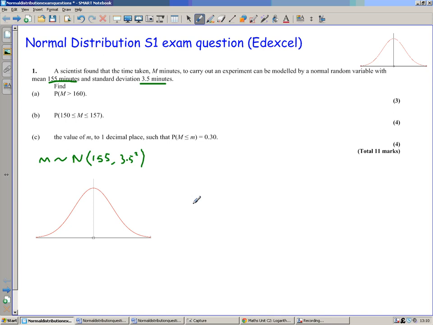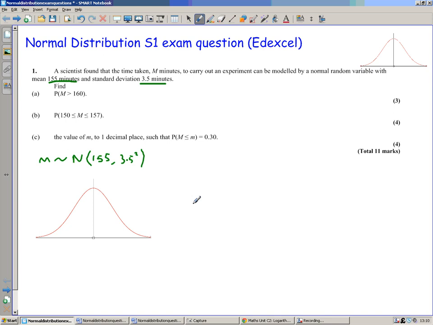It's always useful to see whether it's more than or less than a half. In normal distribution questions, you're either reading a number or taking it away from 1, so it's always worth doing a diagram.